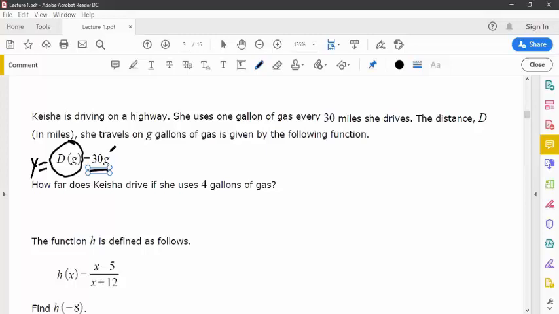How far does Keisha drive if she uses 4 gallons of gas? So all we do in this case is simply substitute 4, the number of gallons, in for g. So we have 30 times 4, which would give us a distance of 120 miles.